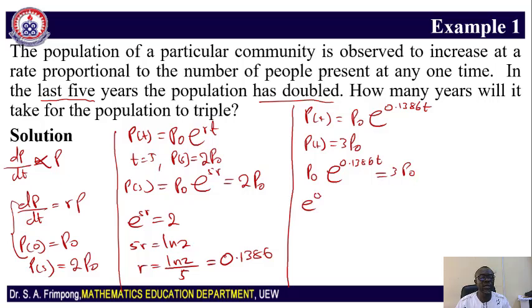So you have e raised to the power 0.1386t equals 3, and therefore 0.1386t equals ln 3. That's where we are taking the ln of both sides, and therefore our t is going to be approximately 7.9. So we are saying that it will take about 7.9 years for the population to triple.